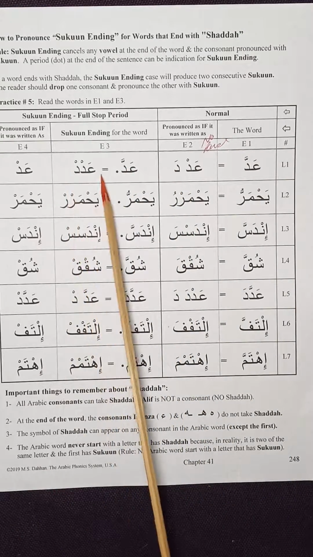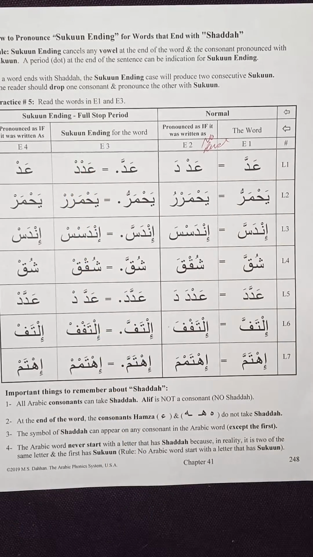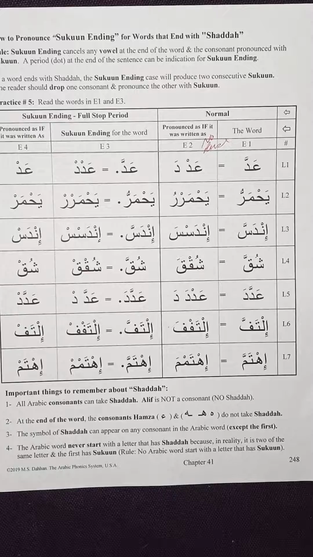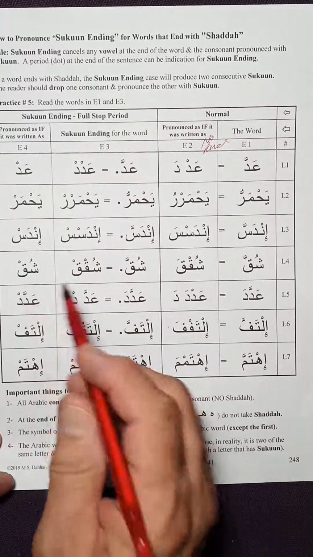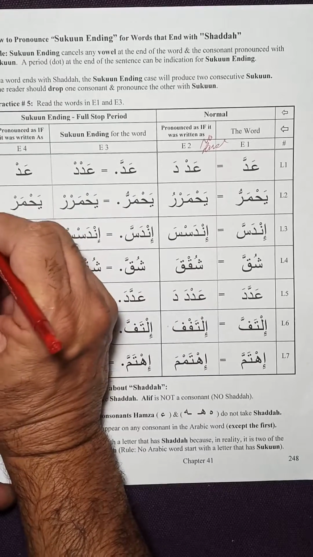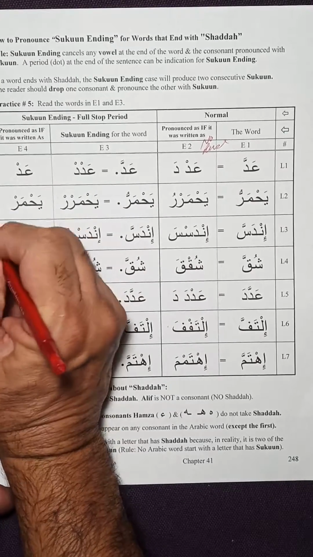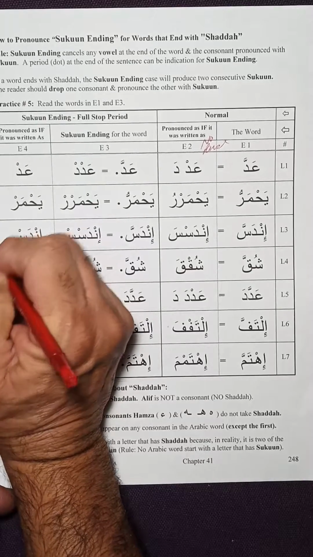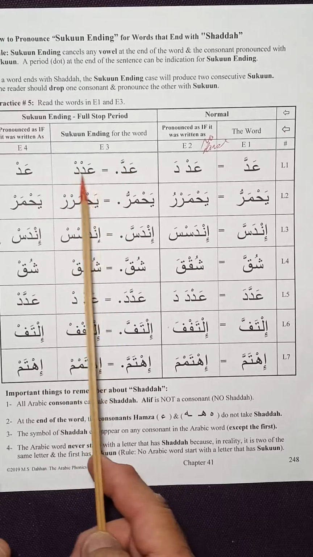So now we have double sukun, a double closed syllable. Did I mention that? If you remember that, double closed syllable. It's not mentioned, right? I can see it. I didn't mention it.